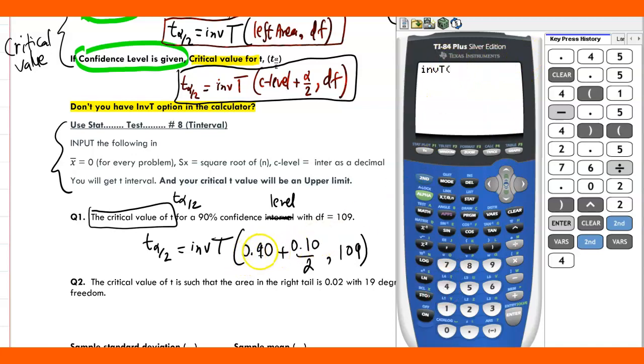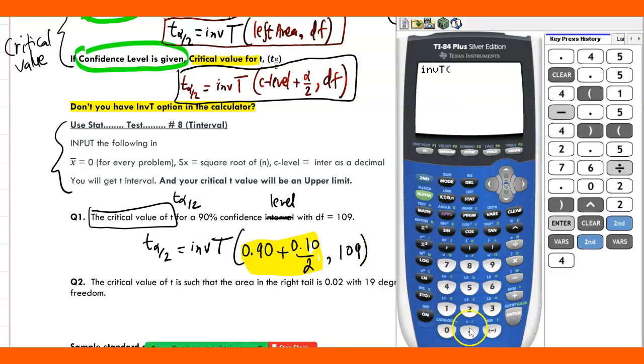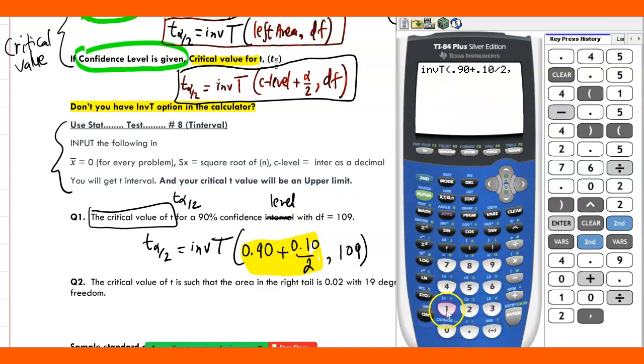You put that whole thing under the area: 0.90 plus 0.10 divided by 2. I put exactly like that as the area, comma, 109, parenthesis close.